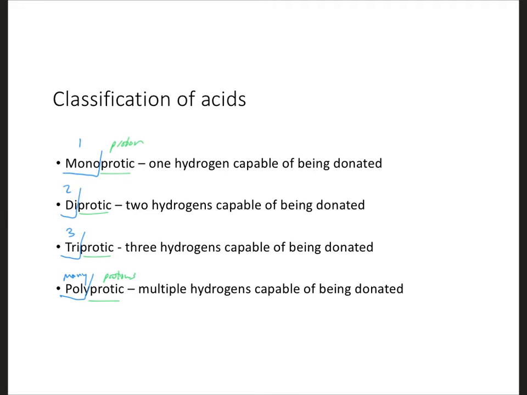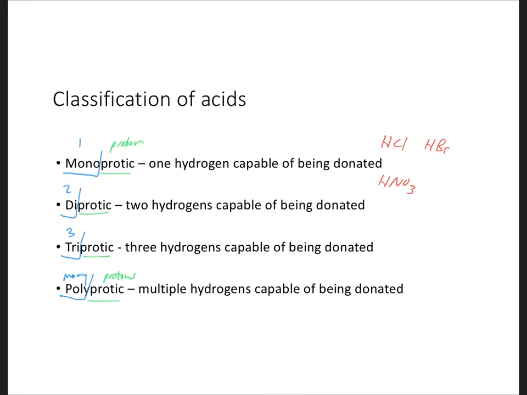And so if we want to build that out, some examples of monoprotic acids are definitely going to be those binary acids, things like HCl or HBr. They have one hydrogen that can be donated. We also had some of the oxyacids, like HNO3. Nitric acid is an oxyacid, but it still just has that one proton that it's capable of giving when it gets into solution.